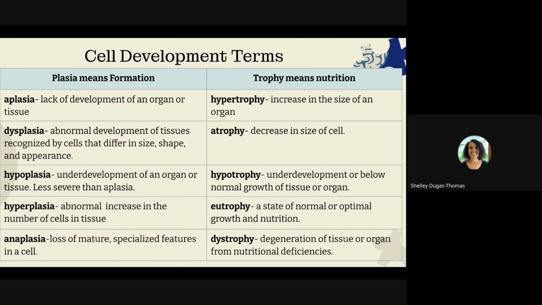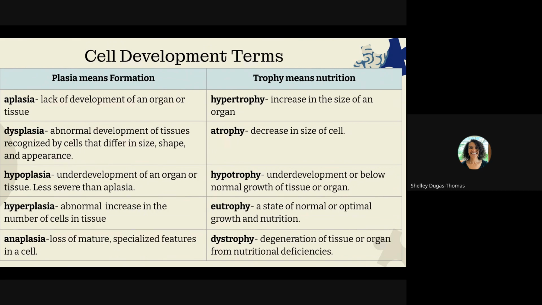We need to distinguish between 2 suffixes: plasia, meaning formation or development, and trophy, meaning growth, development, or nutrition. So notice the prefixes: a, lack or without; dys, abnormal; hypo, under or below; and hyper, increase or above.